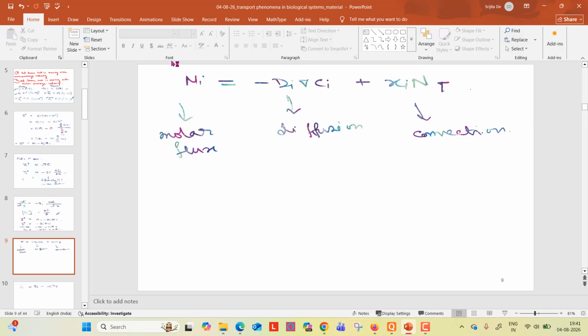Similarly, if we write it for mass flux, Ni will be minus Di grad rho i plus Wi Nt, right? Are you agreeing? I think it is clear now.